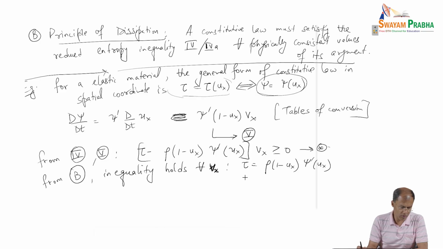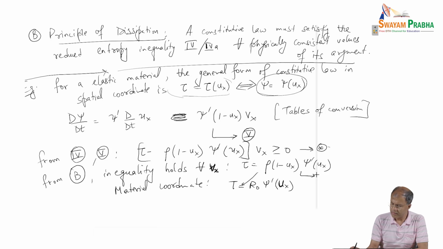So tau holds for all ux. Similarly in the material coordinate, we find that the relationship is T is R naught psi prime of ux. We call this first relation number 6, and in the material coordinate the corresponding relationship is 6a.